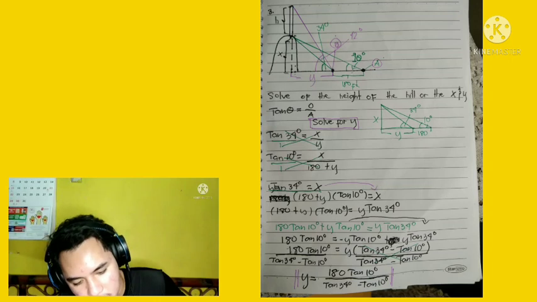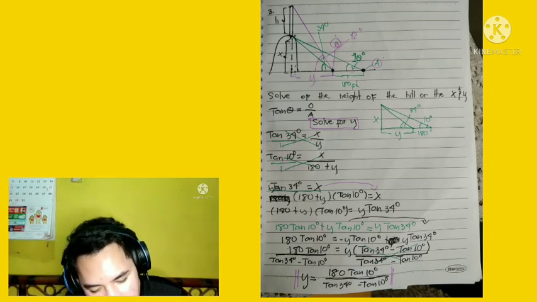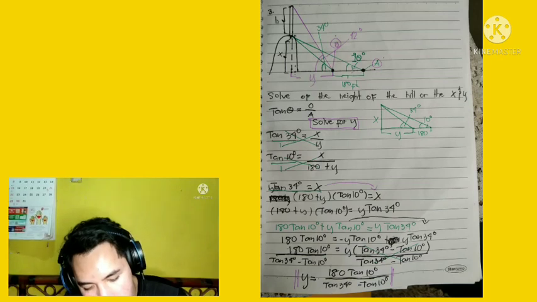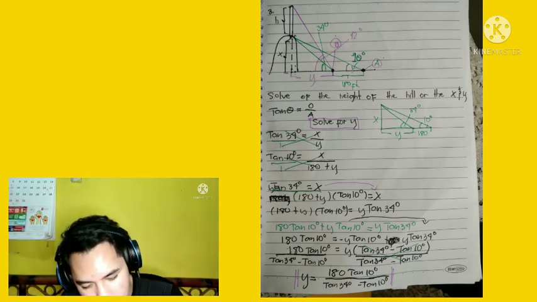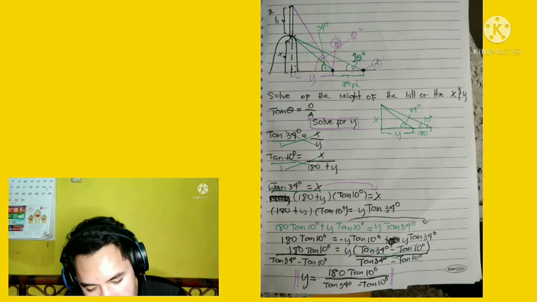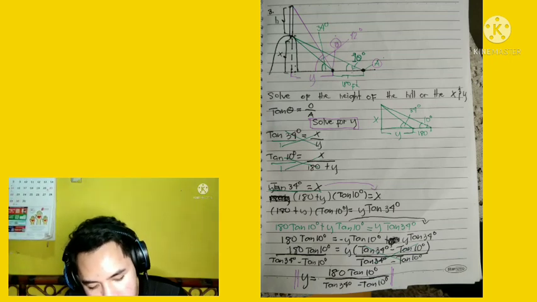So our y is the adjacent of our angle B, and 180 feet is the distance between our point A and point B.